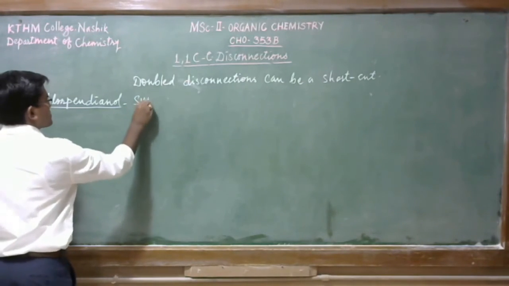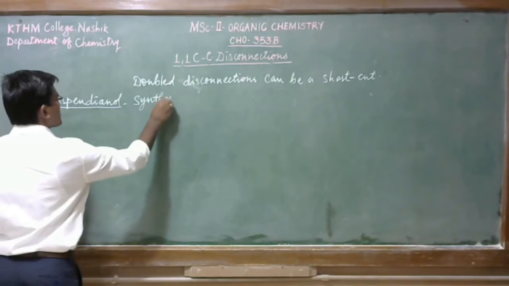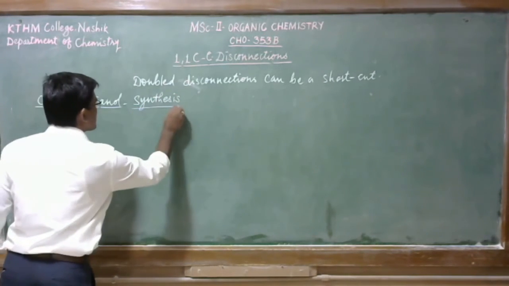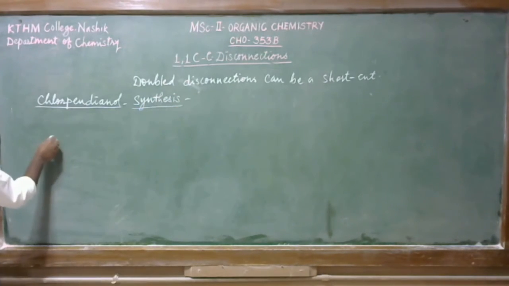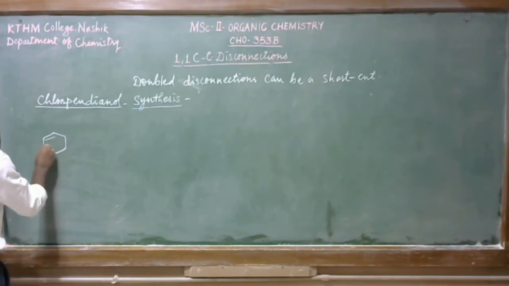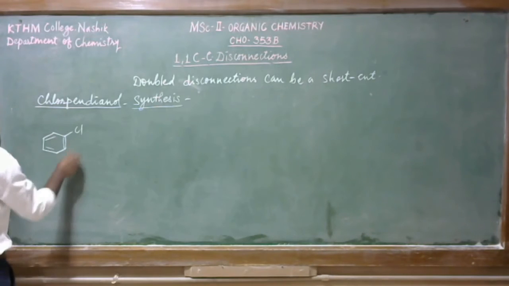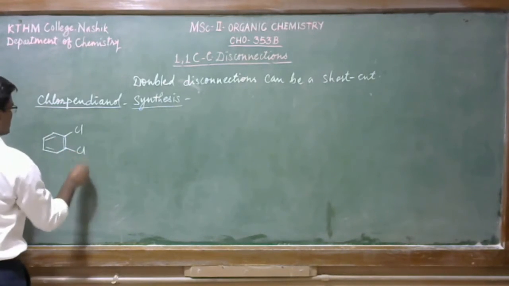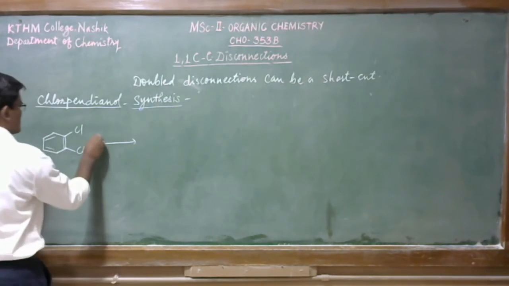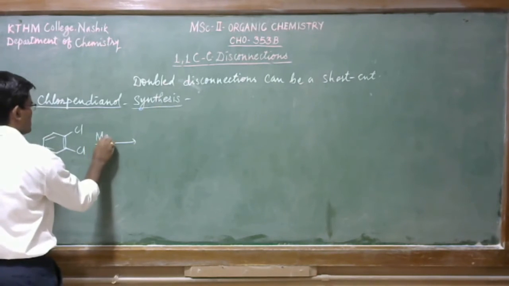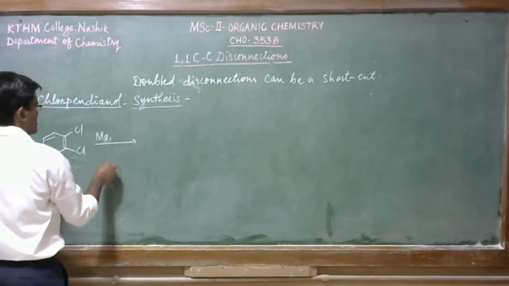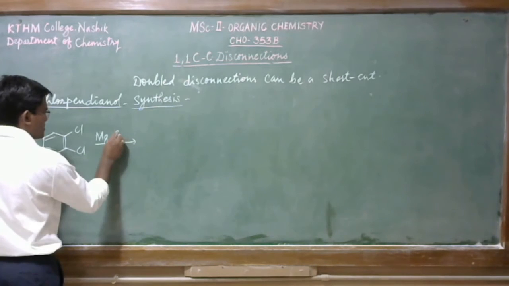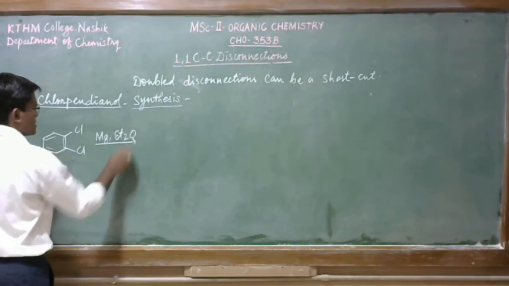Synthesis. The Grignard reagent is prepared from this dichlorobenzene treated with magnesium turnings in the presence of diethyl ether.